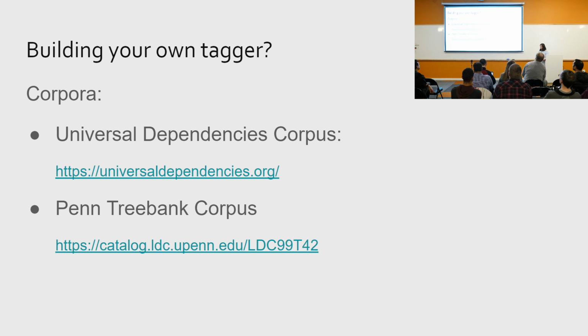Yes, so the question is, how are Google's language models different, or other models out there? I'll come to language models as the next section. But the part of speech taggers that you will find, most of these are Stanford CoreNLP and spaCy, which are the state of the art in terms of tagging sentences with their right part of speech.